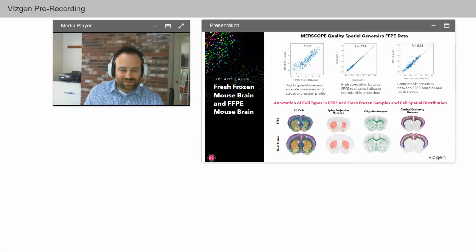We then look at the spiny projection neurons, and you see a very similar spatial orientation for those cells, oligodendrocytes, and cortical excitatory neurons. So basically, we are seeing the same spatial distribution of these cell types within FFPE and within fresh frozen cells, which is very important.